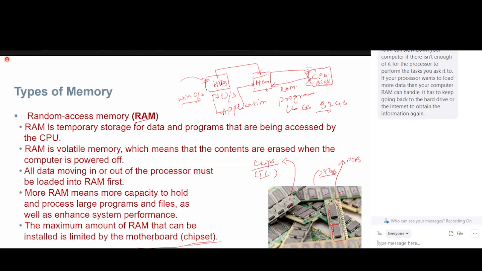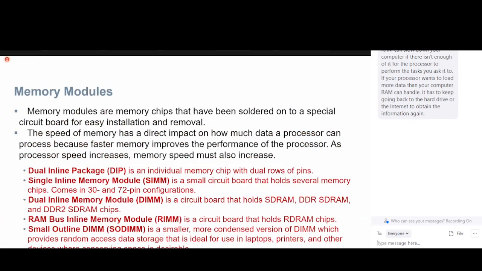Those chips are placed on this memory module, so it makes a different memory module. It's packaging. So 16 GB or 32 GB or 8 GB cannot be just one chip. It's not possible because of the manufacturing limitation. It has to be distributed among different chips aligned on different memory modules.